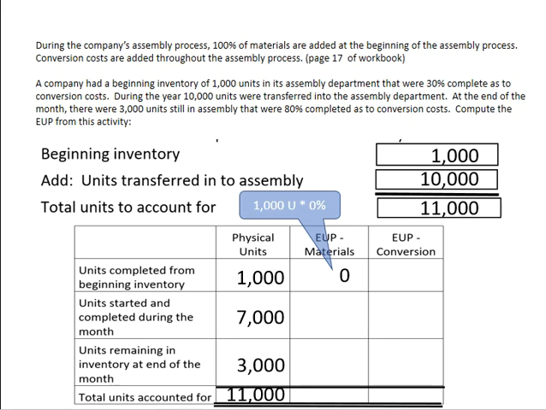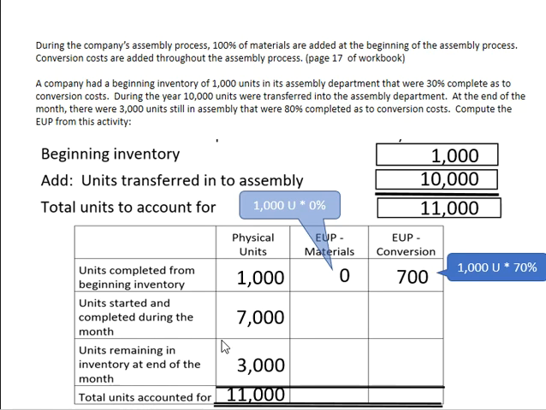So 1,000 units times 0% equals 0 EUP. In the case of conversion cost, these beginning inventory units were 30% complete, so we have to perform another 70% of effort to complete them. We take the 1,000 units times 70% required to complete, and we come up with a conversion EUP of 700.